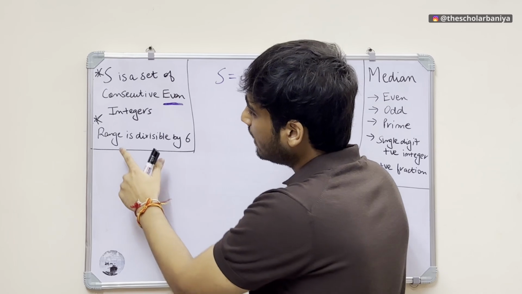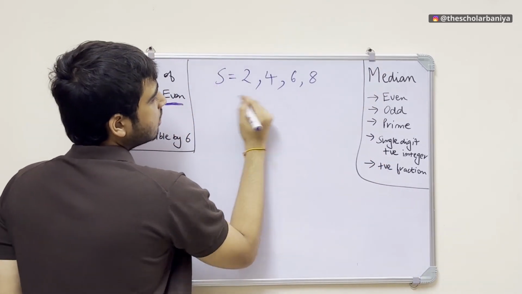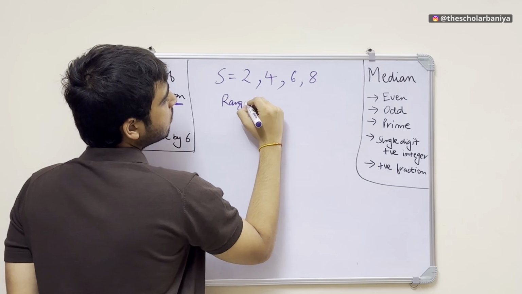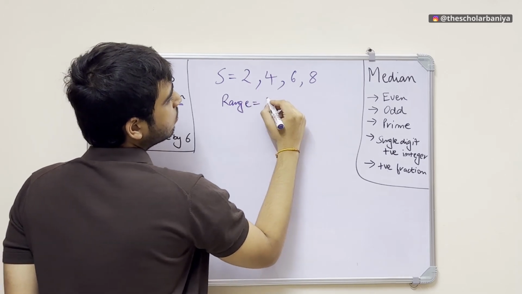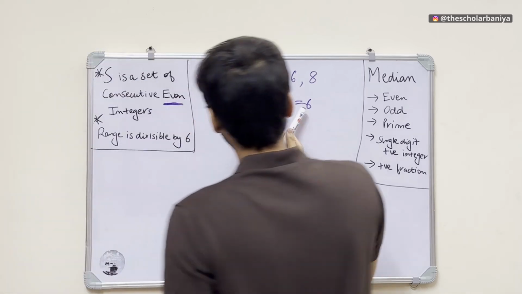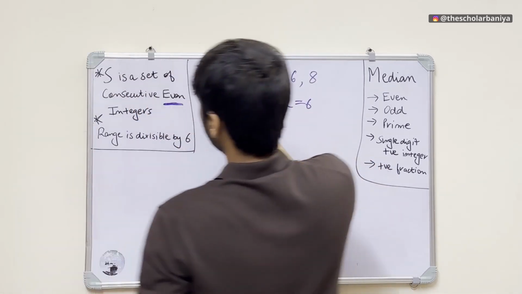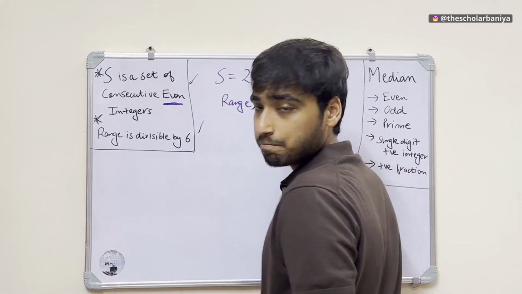The range here is 8 minus 2, which is 6, and obviously 6 is divisible by 6. So these two conditions are satisfied.